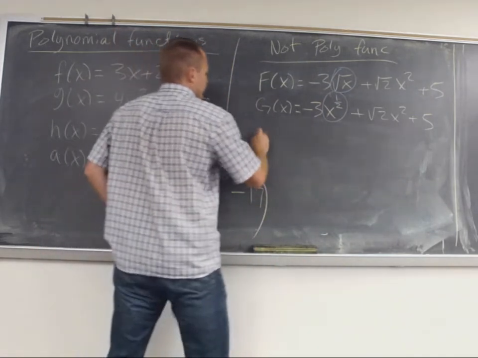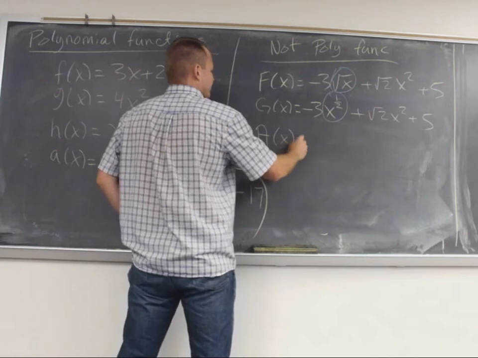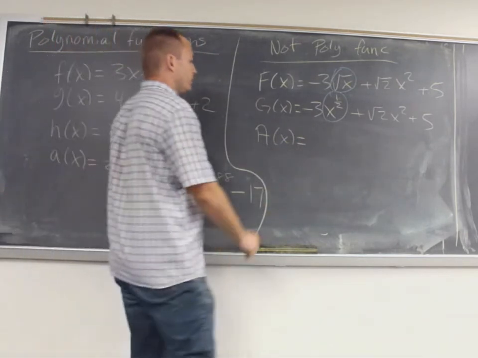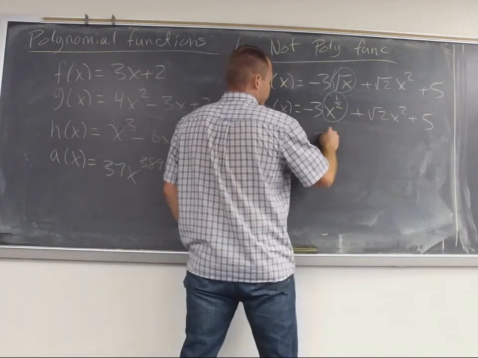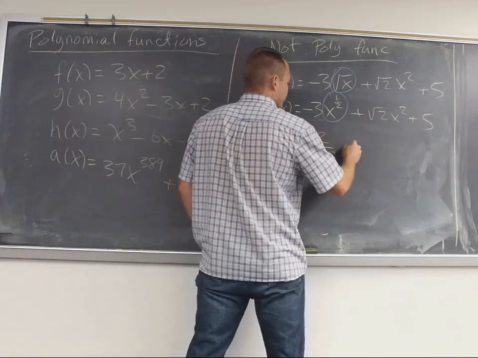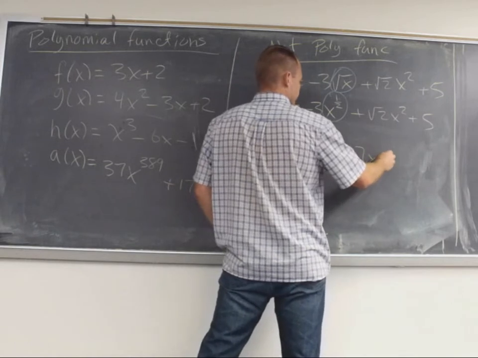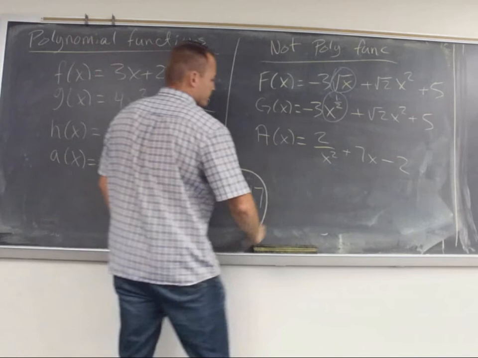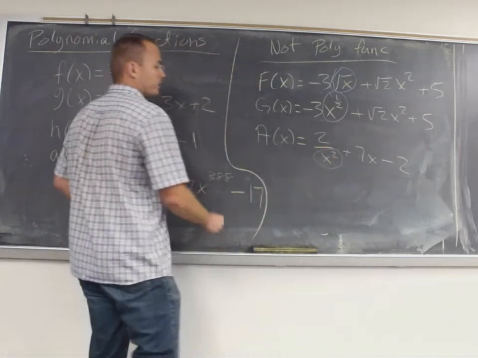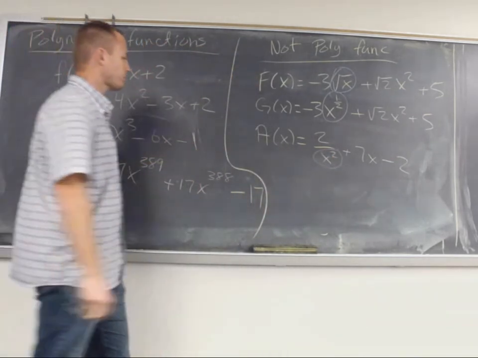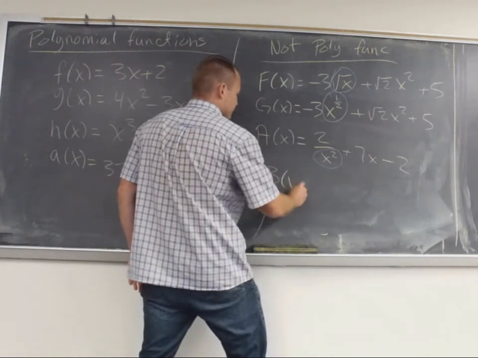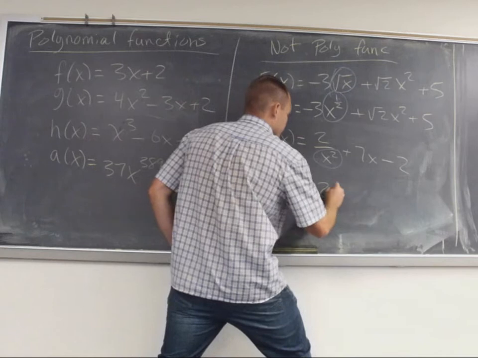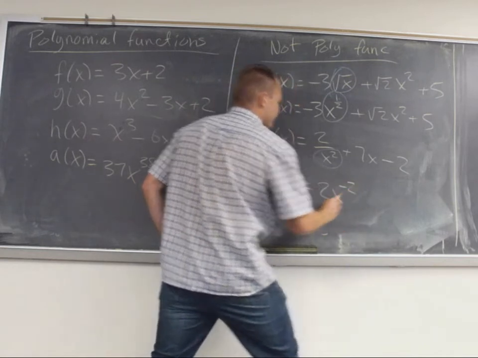Then you can get into, let's call it capital A, where you have a negative exponent or a variable in the denominator. So you can have 2 divided by x squared plus 7x minus 2. This is not a polynomial function because you have the variable down in the denominator. And this means the exact same thing as 2 times x raised to the negative 2 power.